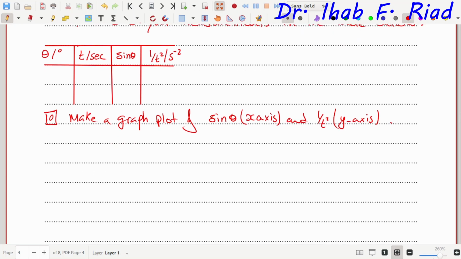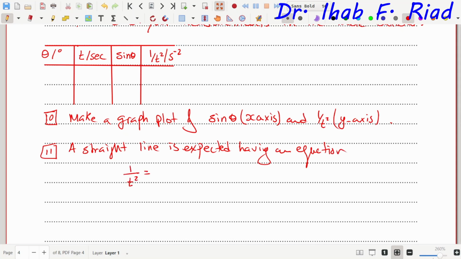Now we write this equation. A straight line is expected, having an equation: 1 over t squared is equal to minus a divided by 2d a plus b, sine theta, minus ka divided by 2d a plus b.